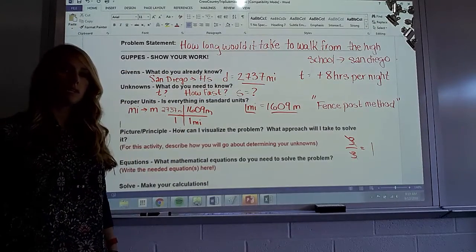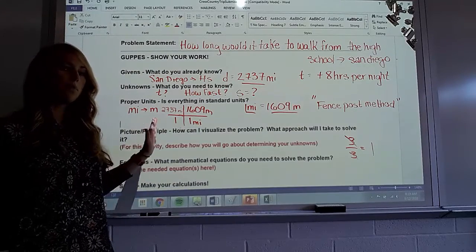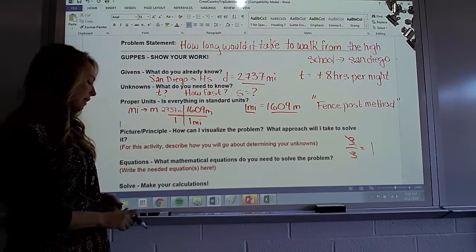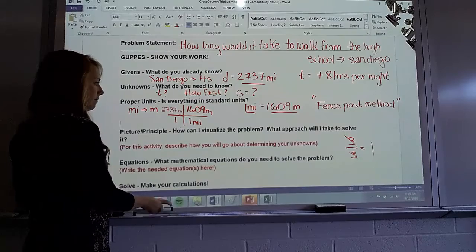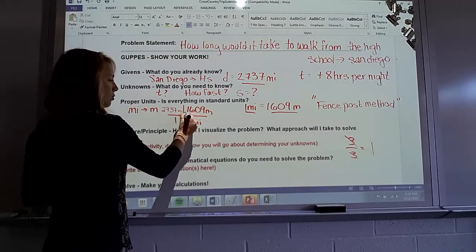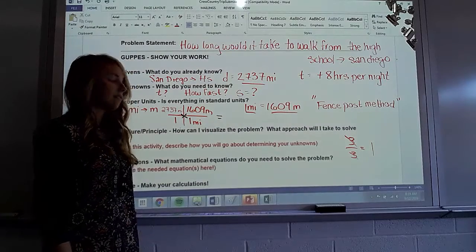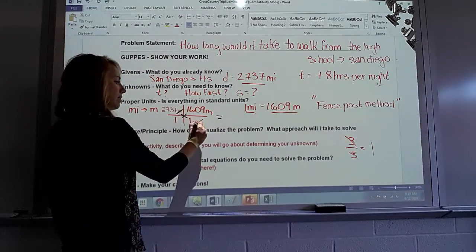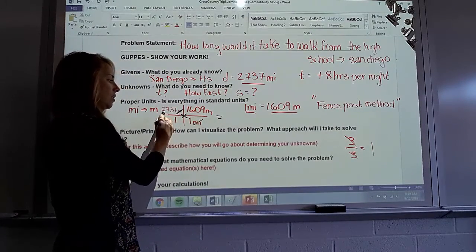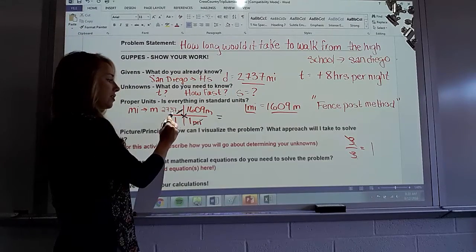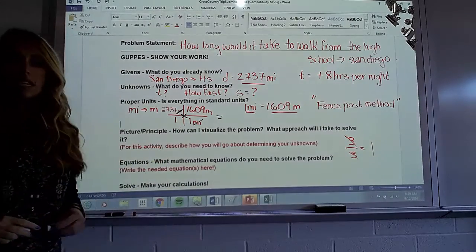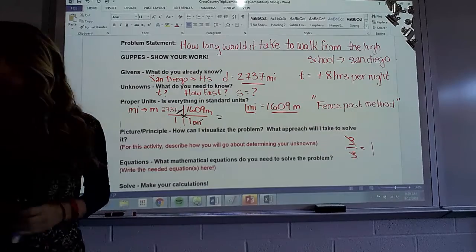Okay, so what do we do from here? Now you're just going to multiply across the top and divide by the bottom. So we'll put a little multiplication symbol and our equal sign, and we'll see that our miles cancel. We're going to have to take 2,737 times 1,609 meters.